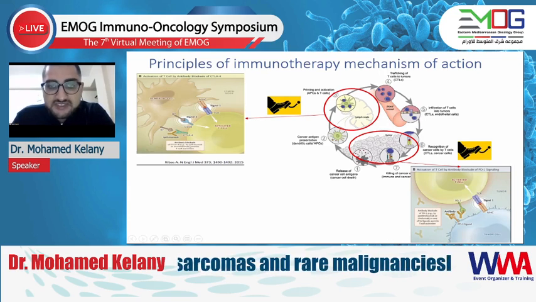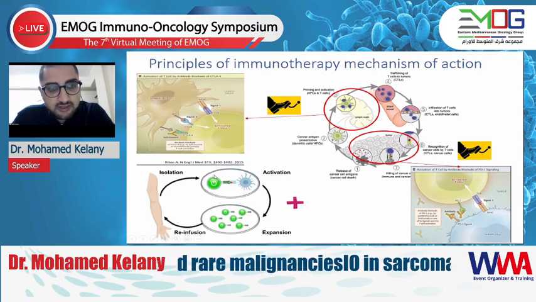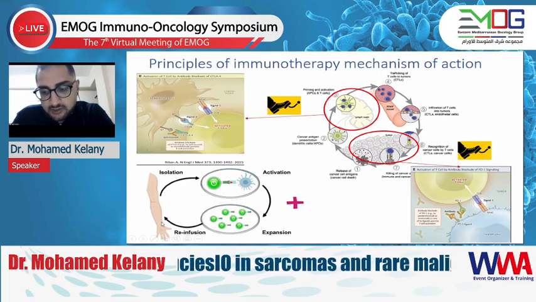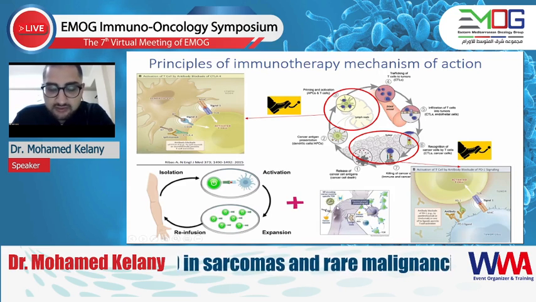Another philosophy is to stimulate the activated T cell, either in vitro, where we take the activated T cell, as we will discuss later in so-called adoptive cell therapy, and this activated T cell will expand and be re-infused into the body, or activate it in situ through cancer vaccines.